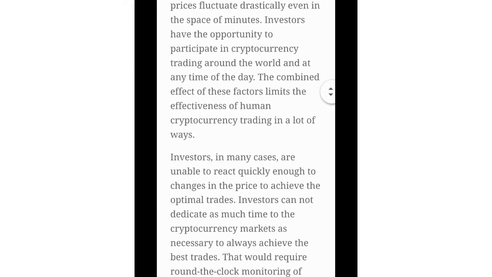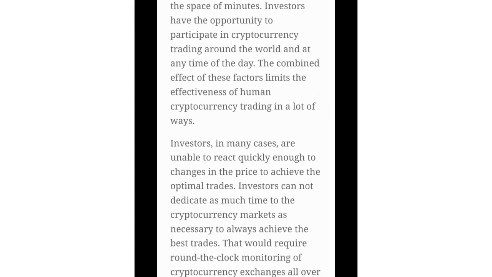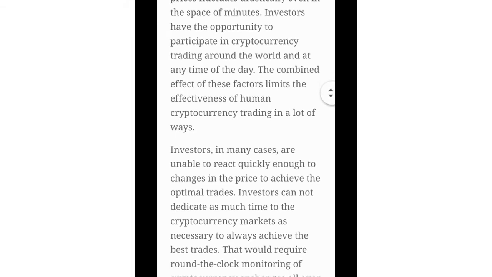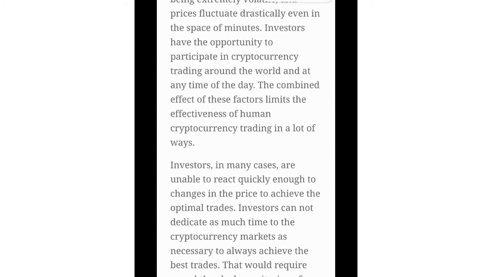Let's continue. Investors in many cases are unable to react quickly enough to changes in the price to achieve the optimal trades.